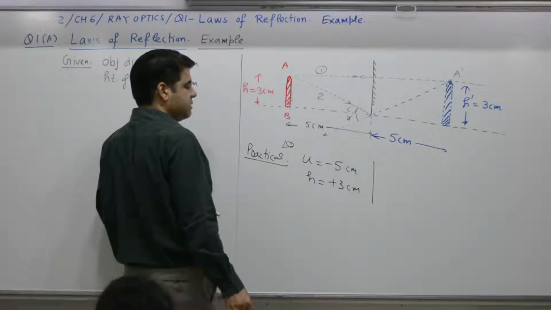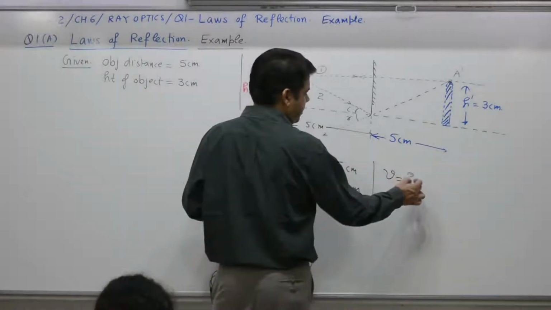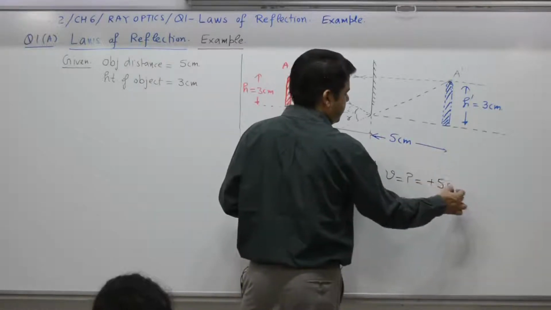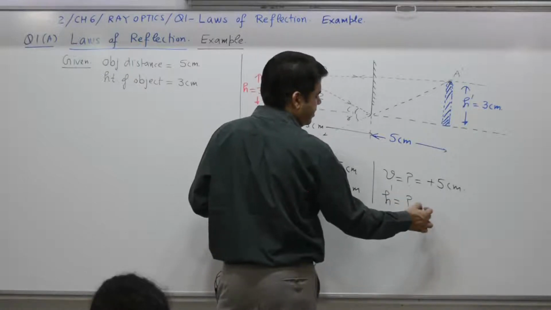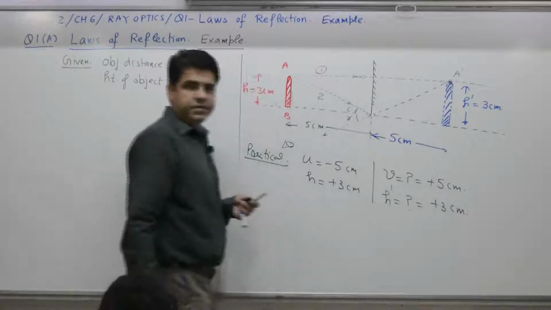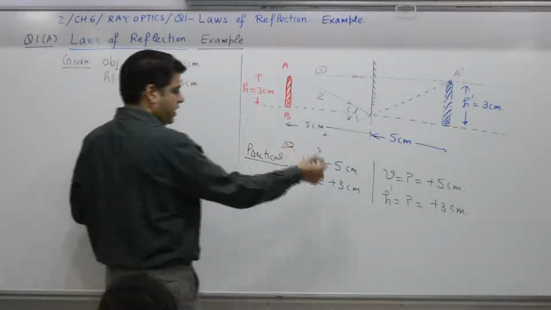As per the practical, where is the image? V, yes, to the right. How much? Plus 5 centimeter. Height of the image, h dash, that was the question, and what you get is 3 centimeter. This is practical.